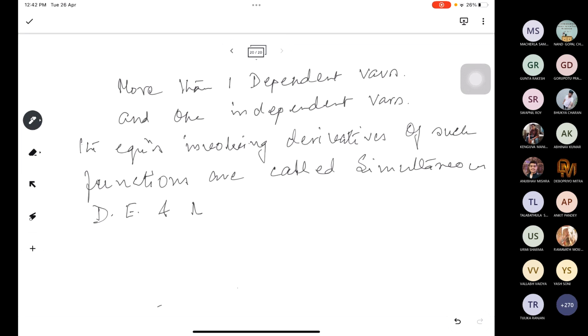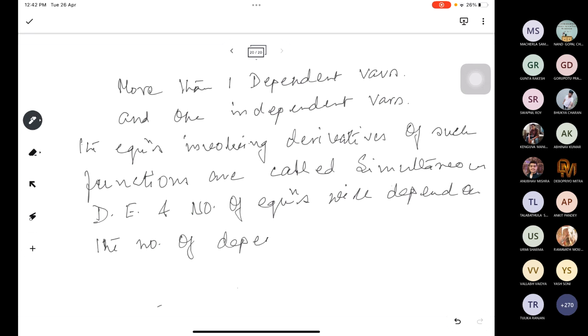And the number of equations depends on the number of dependent variables. Is it clear?